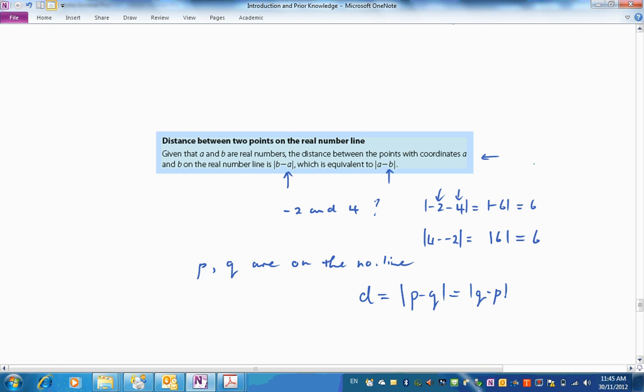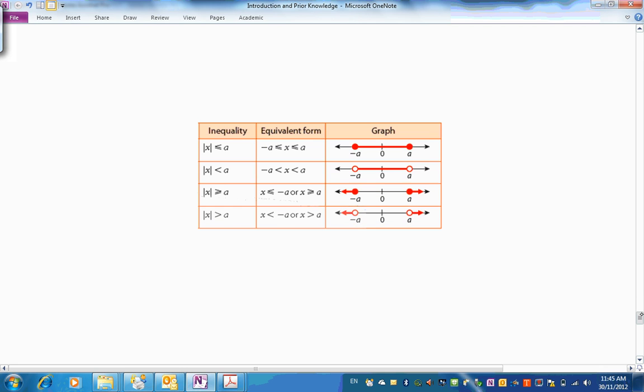All right, so let's have a look at a little table from Pearson's there of this summary. So if we say here the size of our number x is less than or equal to a, how big could a be? Well, I like to look at the graph first and then we'll come back to this.